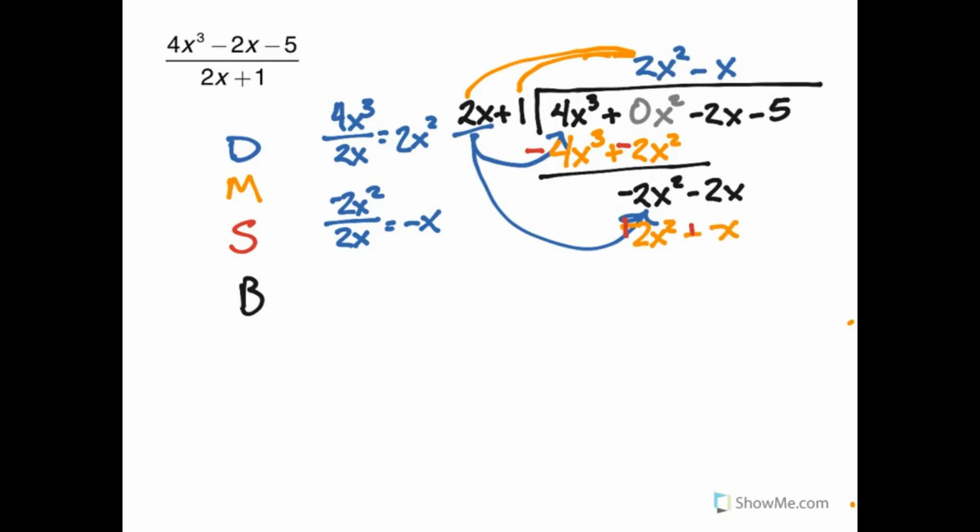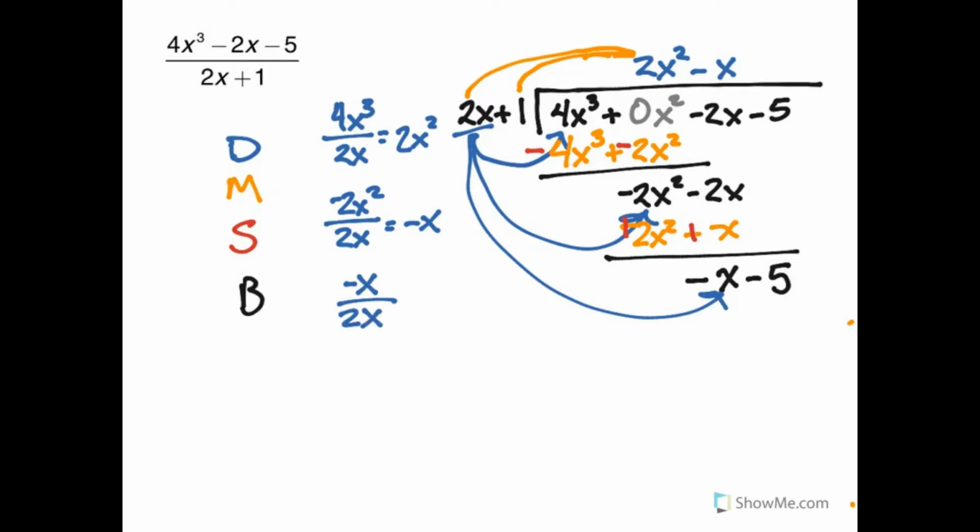So when I change the signs, I get negative 2x plus 1x is just negative x, and then bring down the minus 5. And 2x is going to go into negative x, so negative x over 2x is negative 1/2, and that's the last part of my quotient, negative 1/2.